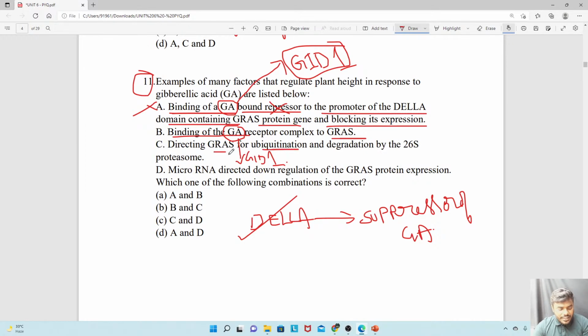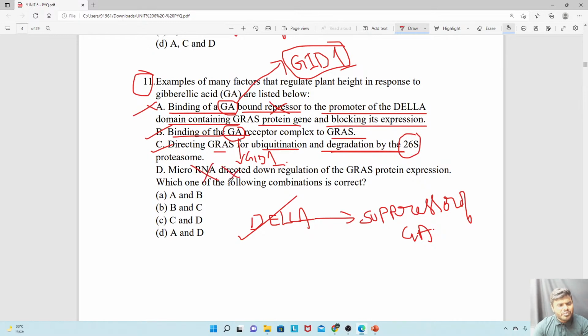Once it is added by ubiquitin, it will undergo proteasomal degradation by the 26S proteasomal complex. That is exactly what gibberellic acid will do. So B is right, C is right.